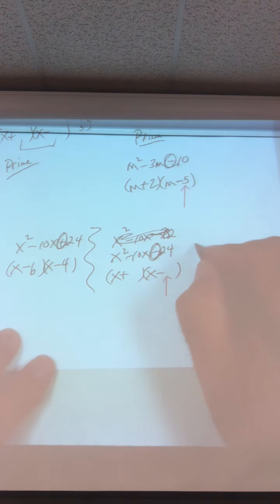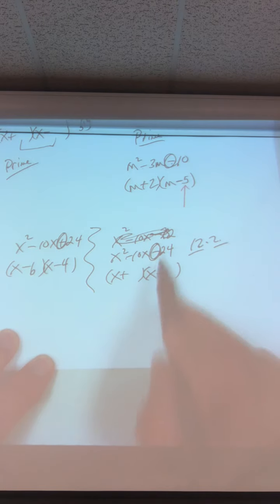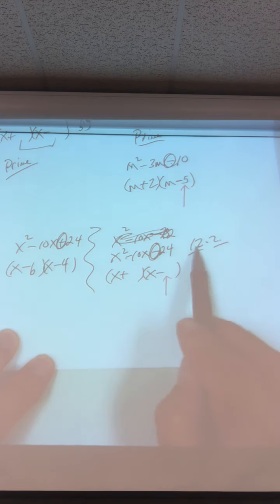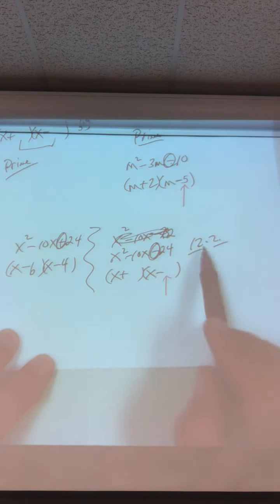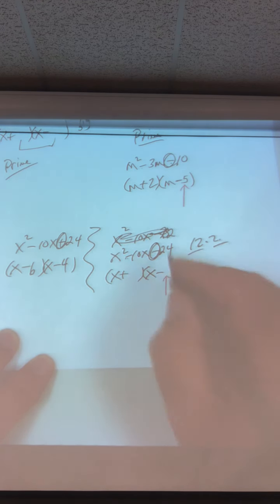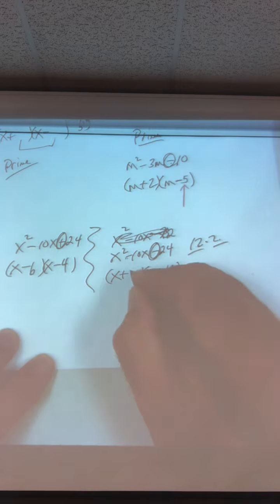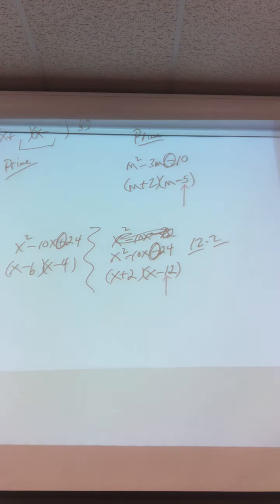But if you do 12 and 2, 12 times 2 is 24, but if you subtract 12 and 2, you get 10. Now, you've got to have a negative 10, so that means that 12 has got to be with the negative, and that 2 has to be with the positive.